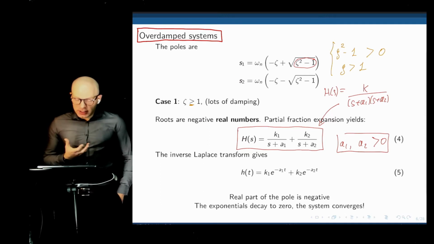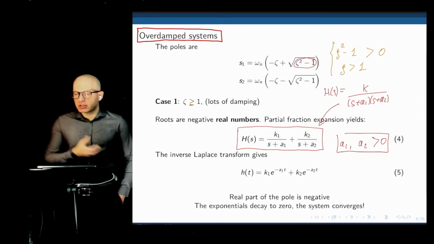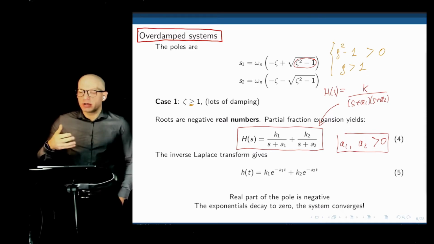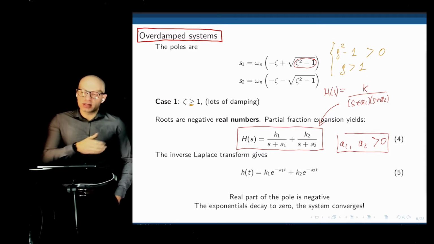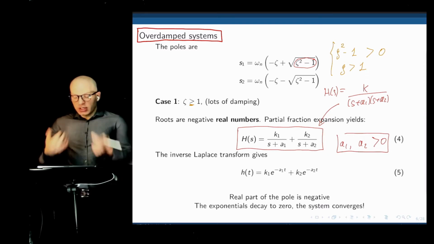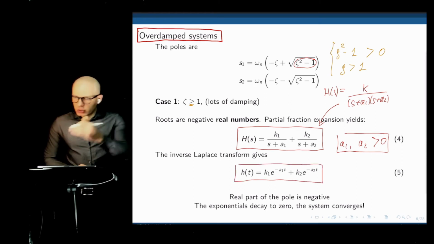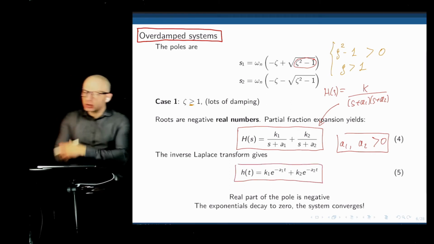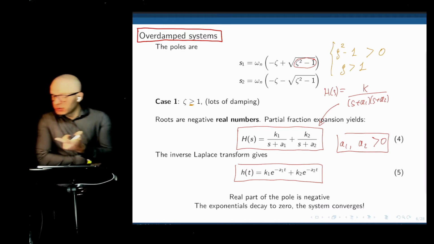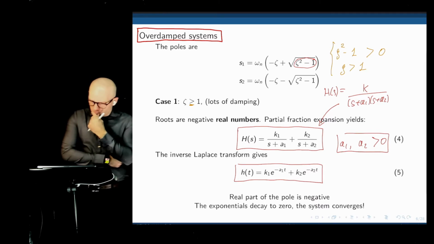When you expand that, this is what you get: k1 divided by s plus a1, plus k2 divided by s plus a2. And a1 and a2 will always be greater than 0. This means that when you take the inverse Laplace, we see two exponentials, one for each pole. Two real poles, inverse Laplace, two exponentials.